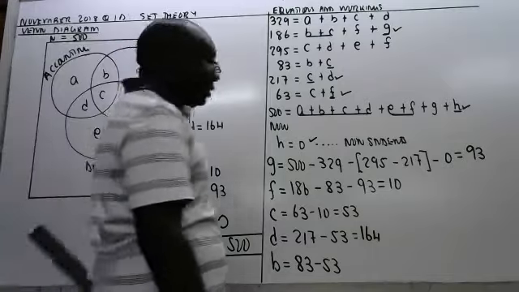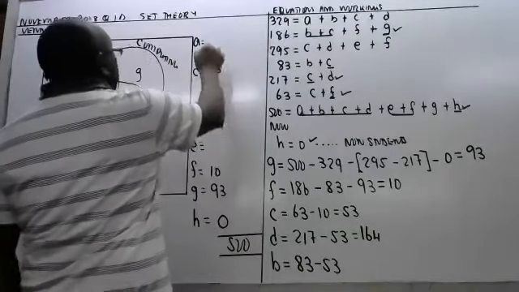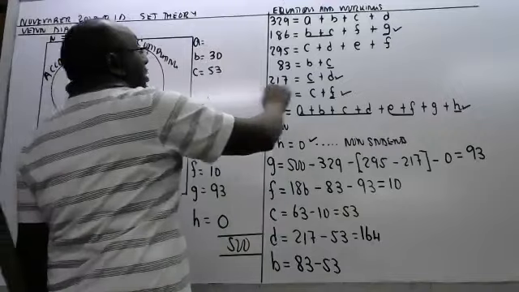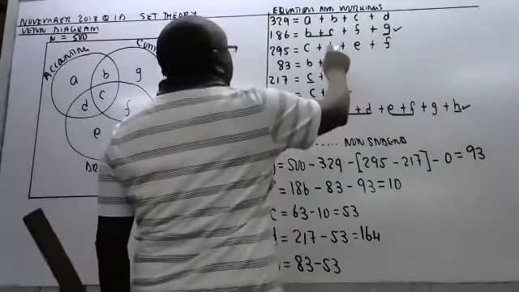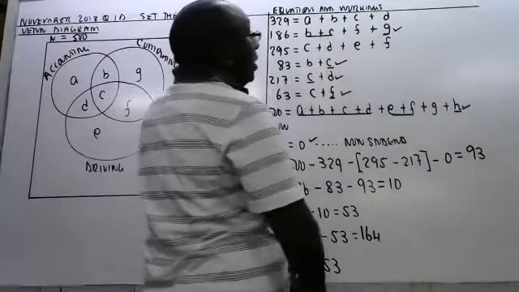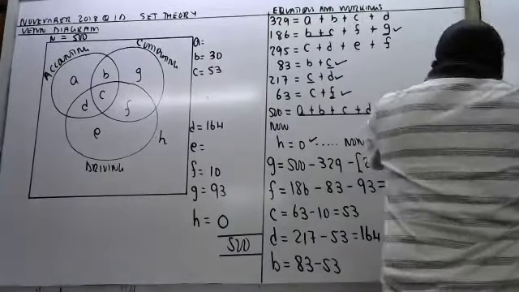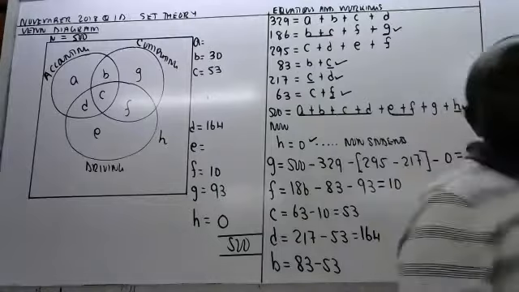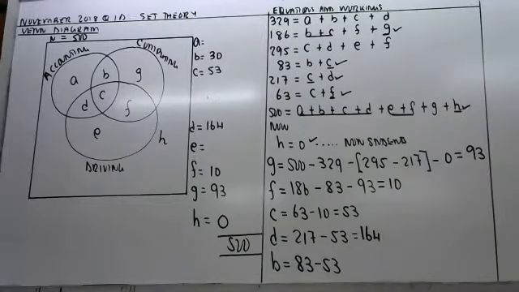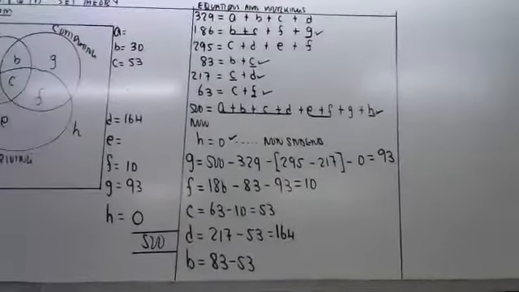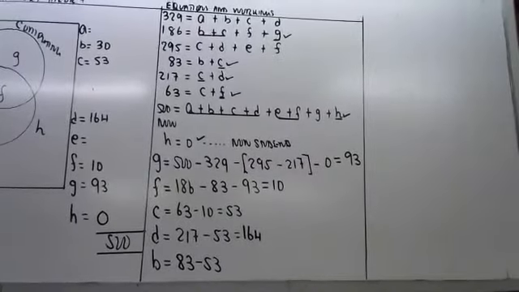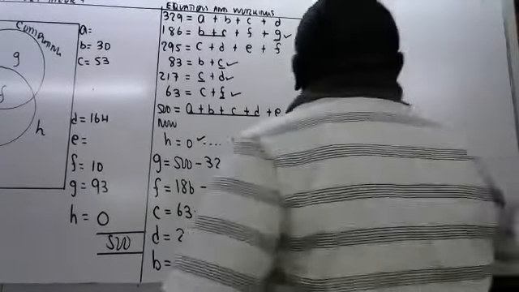So B is that. So this one has helped us. So we go to this other one. Now, we go to the next one.